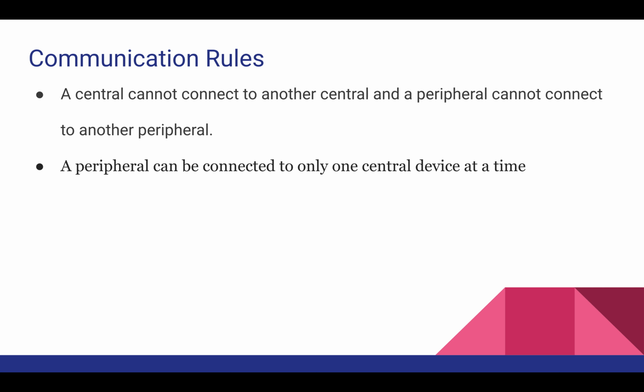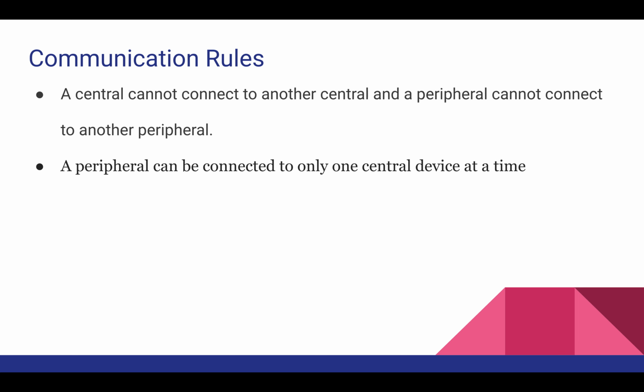So now coming to the communication rules. Here are some communication rules for BLE communication. First, a central cannot connect to another central, and a peripheral cannot connect to another peripheral, right? Peripheral and central are basically devices.